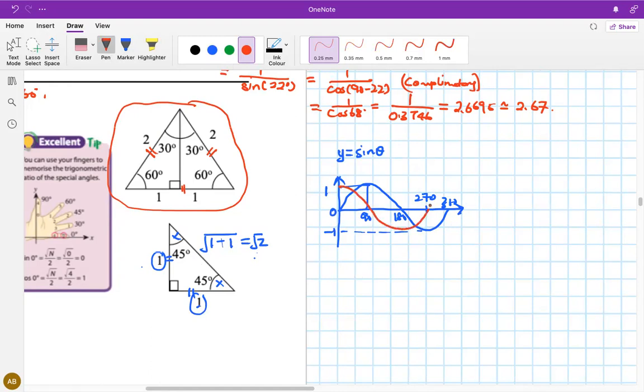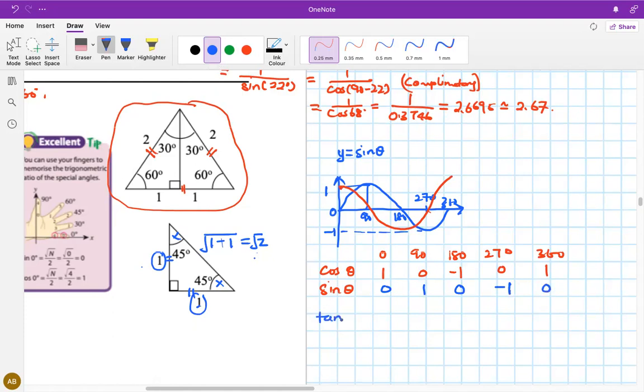Therefore, you get these values. For cos theta, you put 0, 90, 180, 270, and 360. You get 0 is 1, 90 is 0, 180 is -1, 270 is 0, and 360 is 1. And for sine theta, in blue, you get 0, then 1, 0, -1, 0.